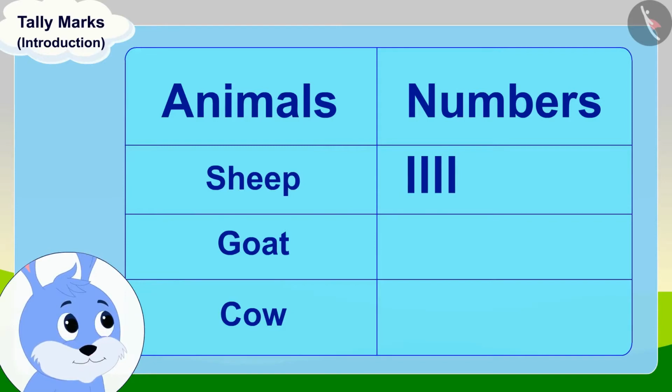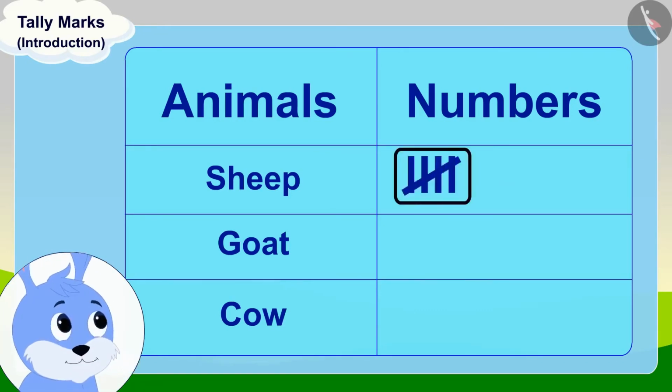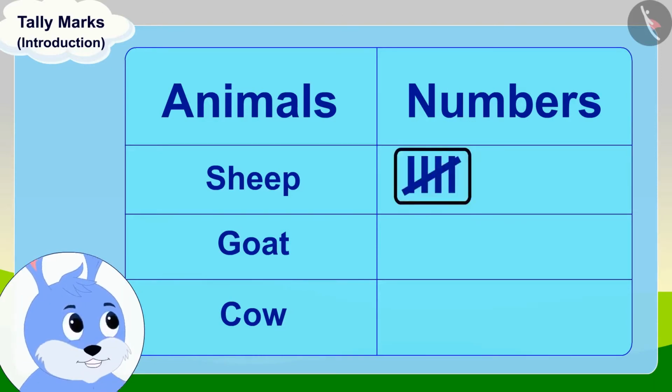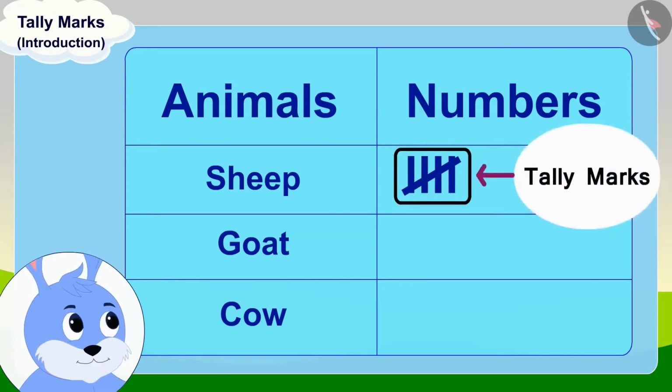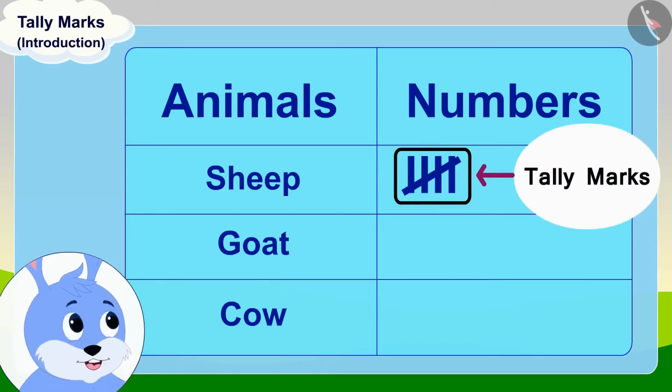And then, for the 5th sheep, make a slant line like this on these 4 lines. We call these groups of 5 lines as tally marks. You can easily count your sheep by using tally marks.